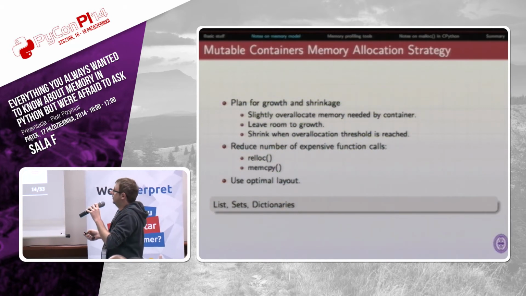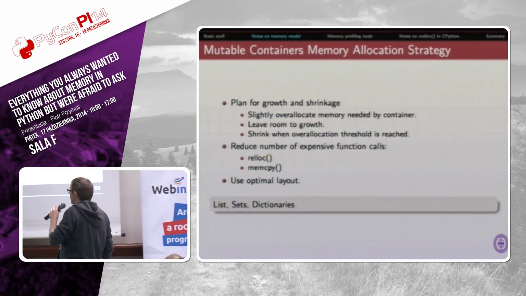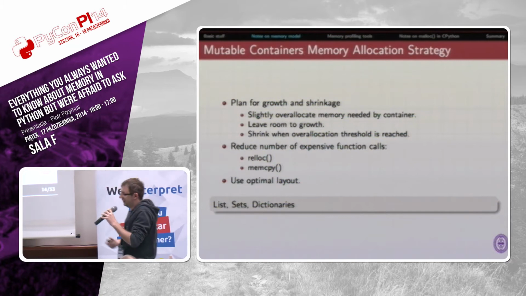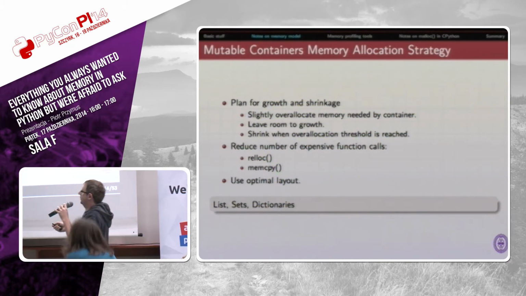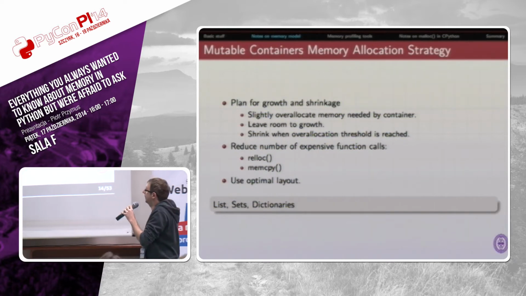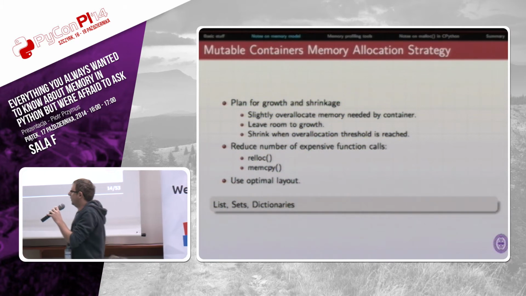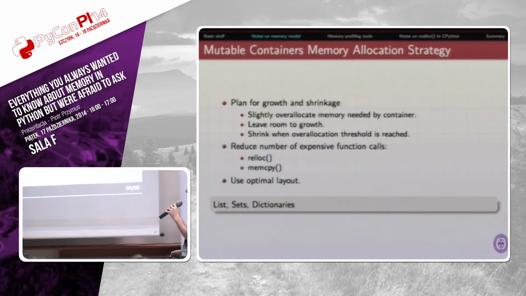So they are designed to leave room for the growth of the container, and they will shrink only if some threshold is reached to reduce the costly functions like realloc and memcopy. And they will use, of course, the optimal layout. So let's talk about lists, sets, and dictionaries. We start with the lists.